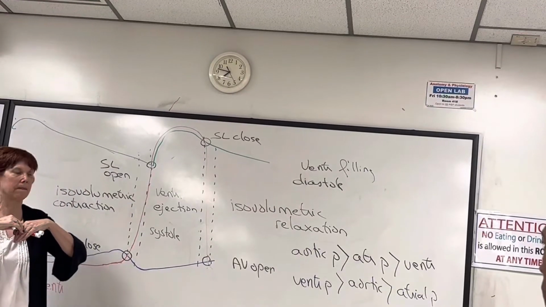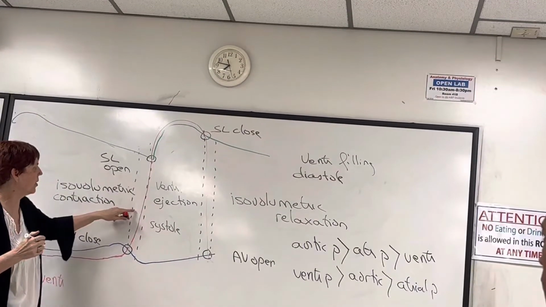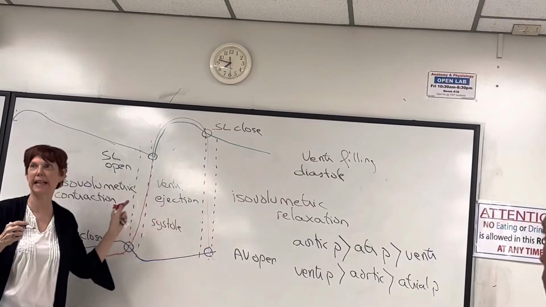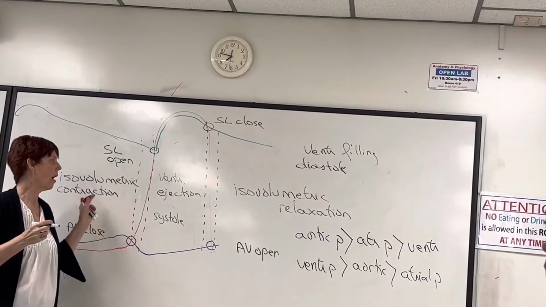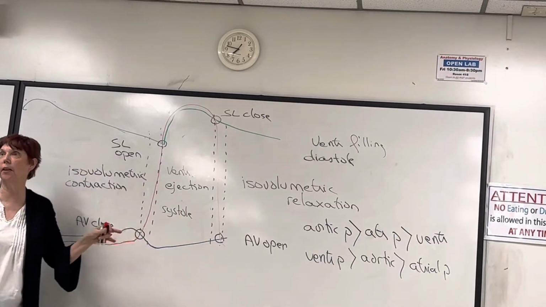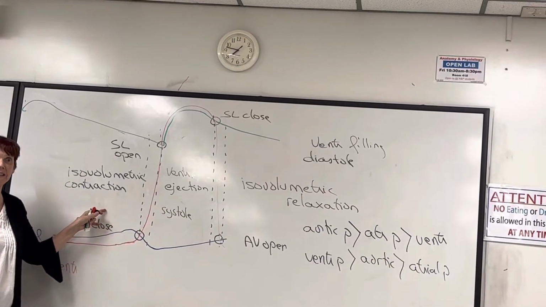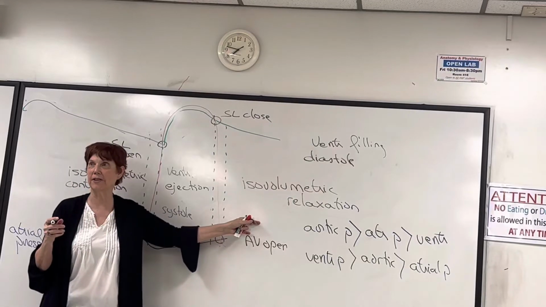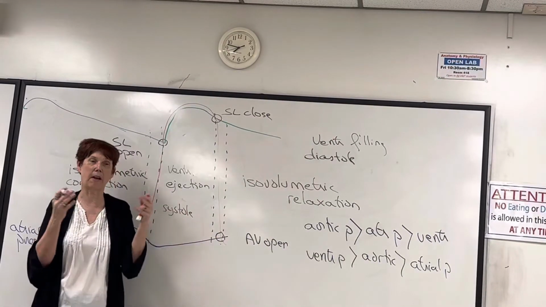Okay? And then we have the conditions of the isovolumetric relaxation and contraction. All the valves are closed, and you can't tell by the valves being closed whether it's isovolumetric contraction or isovolumetric relaxation. You can't tell. Just all the valves are closed.